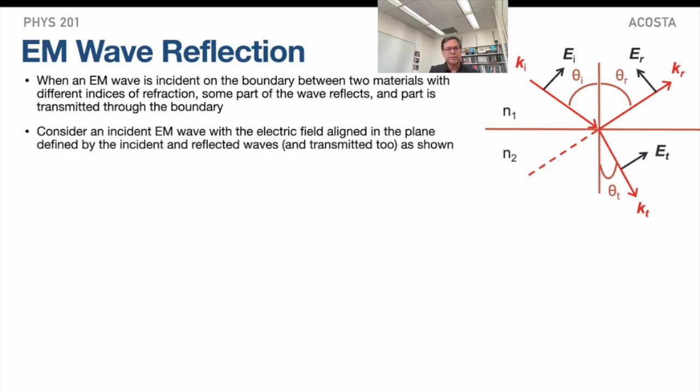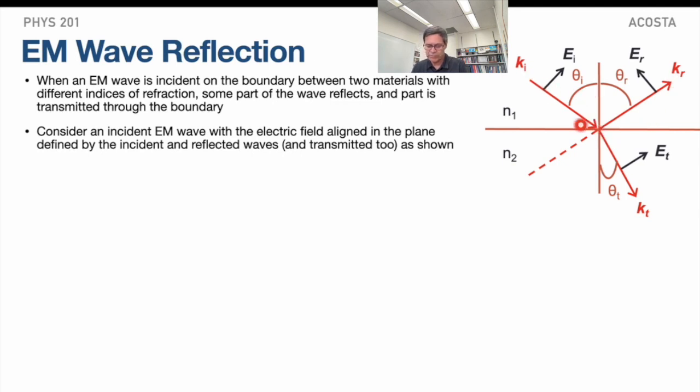All right, so now let's consider an incident EM wave with the electric field aligned in the plane defined by the incident and reflected waves. So here I have the incident wave and the reflected wave. They're basically in the plane of your screen or your page. And so we're going to let the electric field be in the same plane, so parallel to the plane defined by ki and kr.